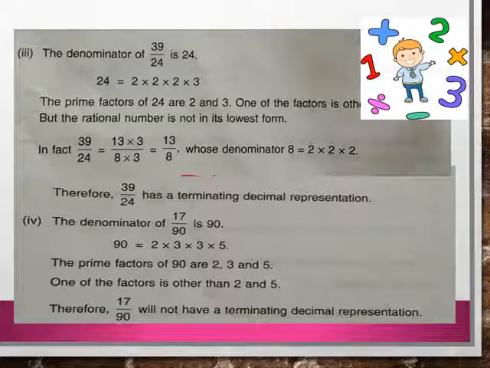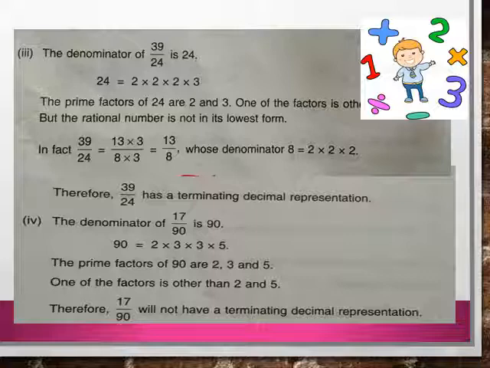See the fourth question. The denominator of 17 upon 90 is 90. Now 90 equals 2 into 3 into 3 into 5. Means the prime factors of 90 are 2, 3 and 5.